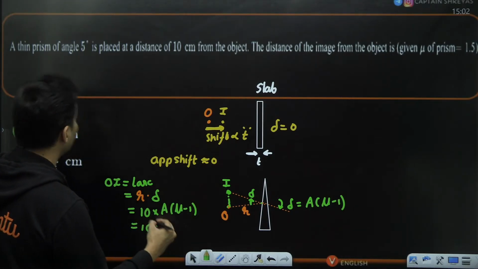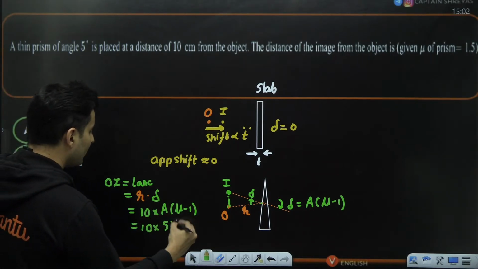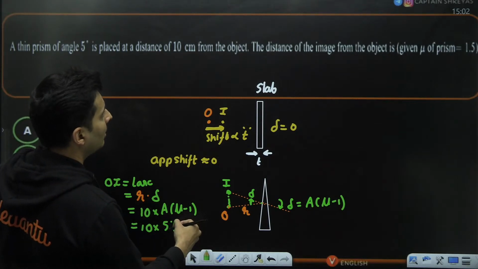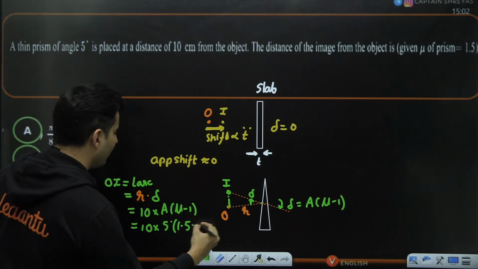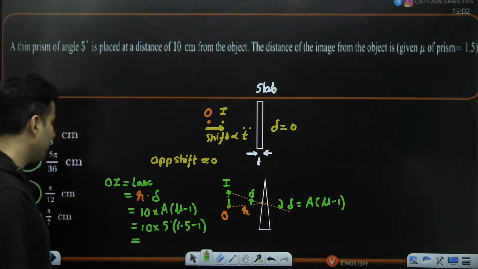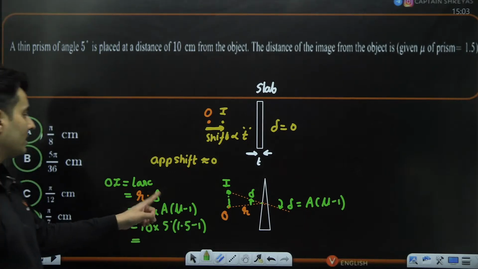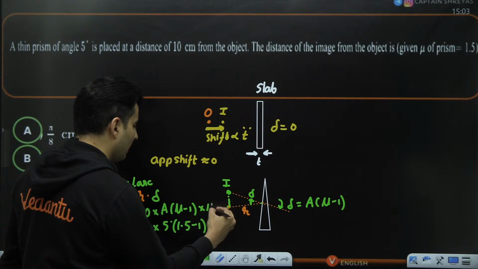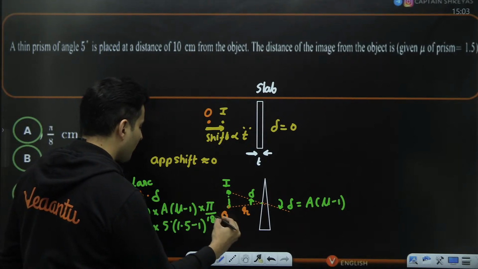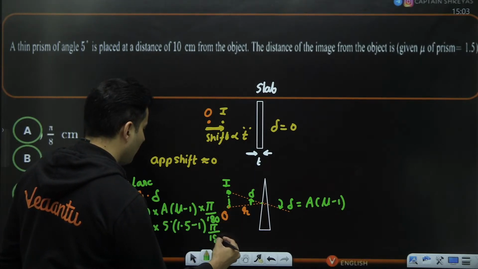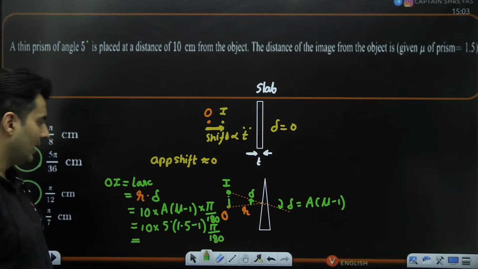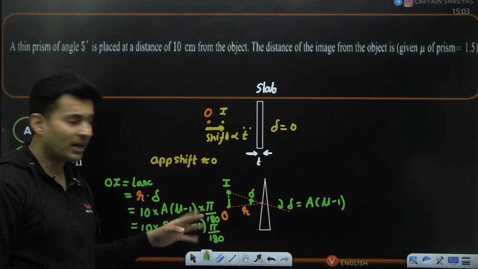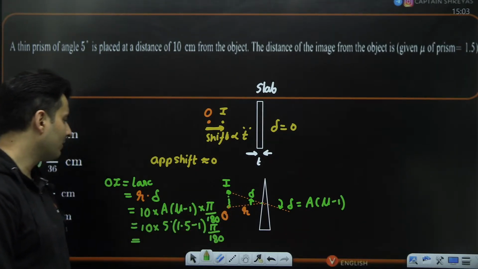So what is the angle of the prism? 5 degrees. What is the refractive index of the prism? 1.5. So 1.5 minus 1. Oh, but this is in degrees. We have to convert it into radians, so multiply by pi, divided by 180, or else it will be wrong. Understood? Only then the r theta formula will work.